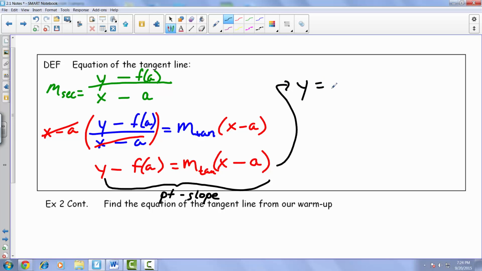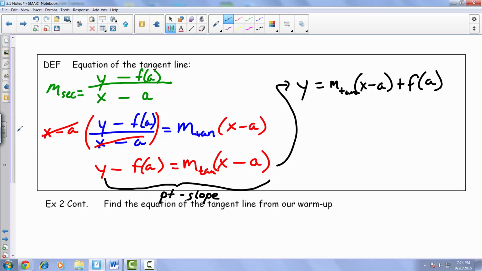So we end up with y is equal to the slope of our tangent times x minus our target x, plus f of a. This slope and this target point work together, and then you add this y-intercept. More or less, that's how you construct the equation of your line.